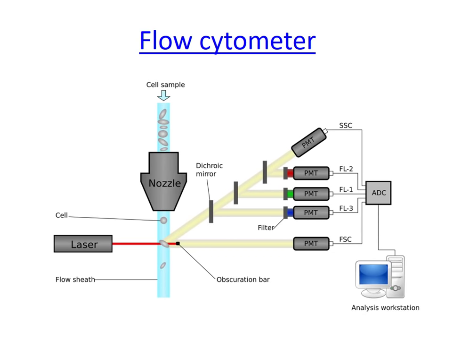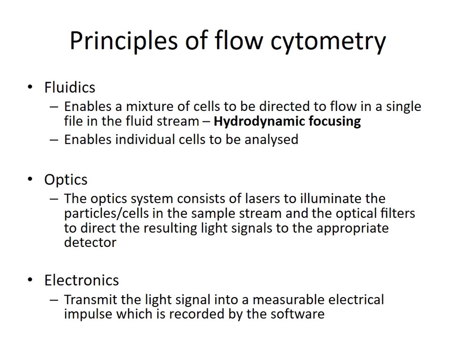We'll get into more detail as we progress. So the principles of the flow cytometer are fluidics, optics, and electronics. So the fluidics enables a mixture of cells to be directed to flow in a single phase solution, and this process is referred to as hydrodynamic focusing. Okay, so that's a buzzword that you need to be able to incorporate into any answer that you give in your practical report.